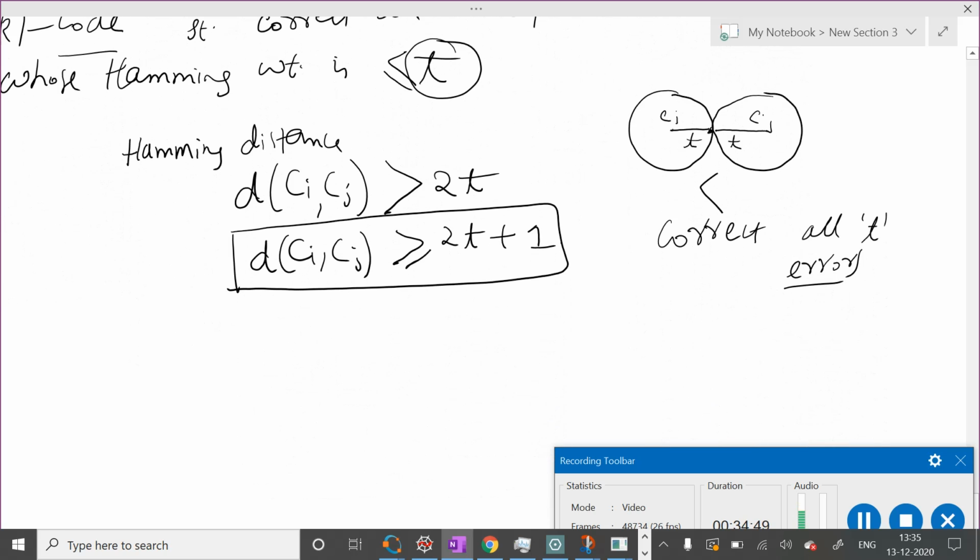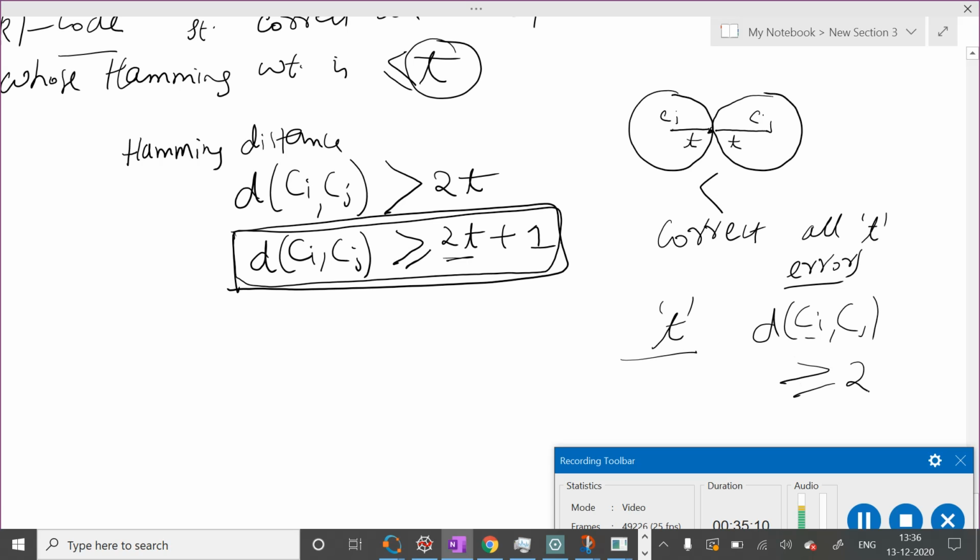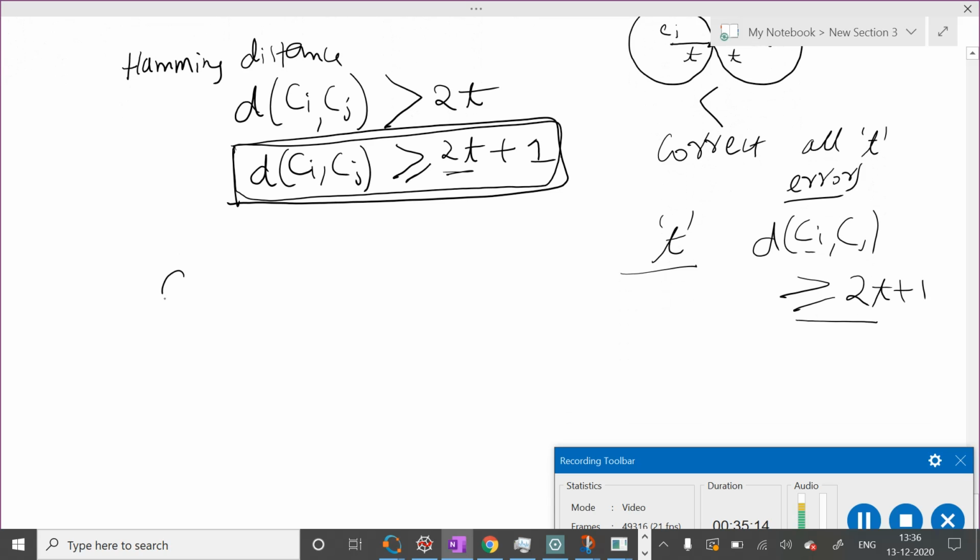So a code which satisfies this property, that the Hamming distance between any two code words is greater than or equal to 2t plus 1, will be able to correct t errors. In other words, if you want a code which can correct t errors, you need to have Hamming distance between any two code words at least 2t plus 1. Okay, so it means that the minimum Hamming distance should be 2t plus 1.